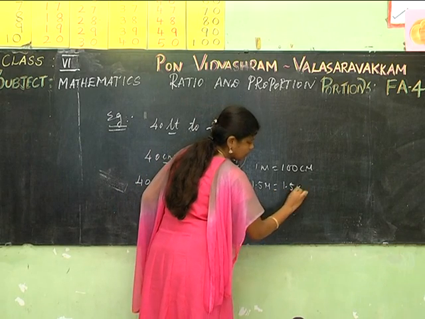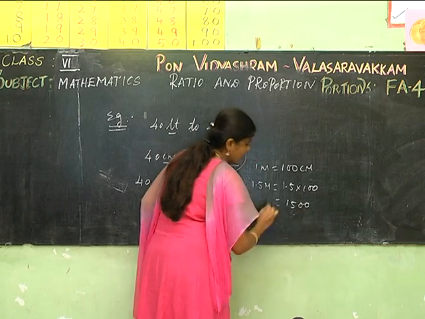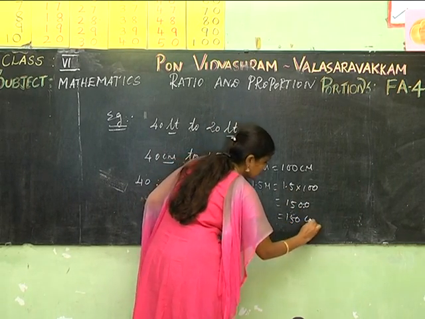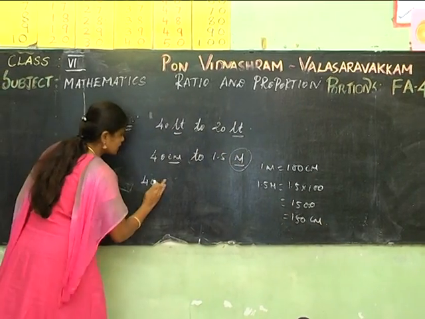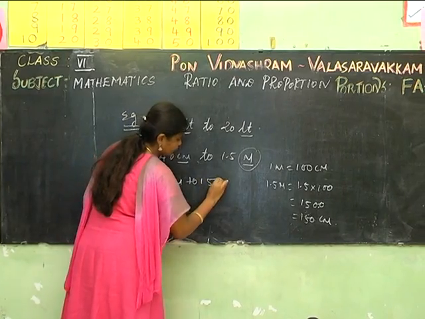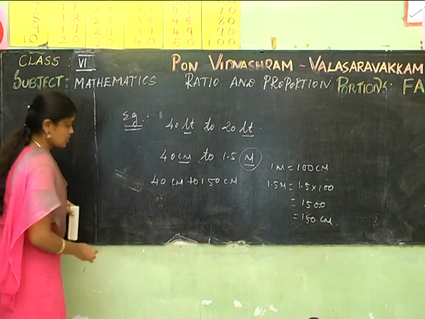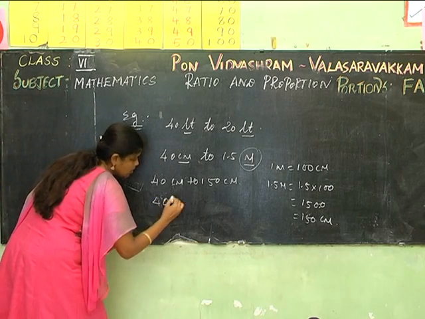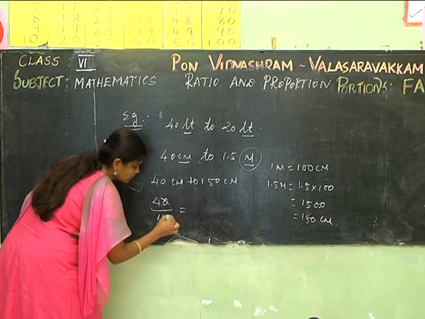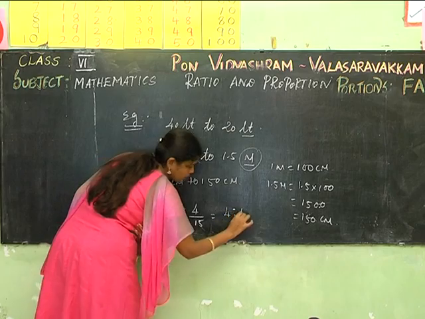So 1.5 into 100 equal to 150. We have to replace here. So 150 centimeter. Now it is converted into 40 centimeter to 150 centimeter. Now you can reduce this into simplest form. So 40 divided by 150, you cut this, so 4 divided by 15, you will get 4:15.